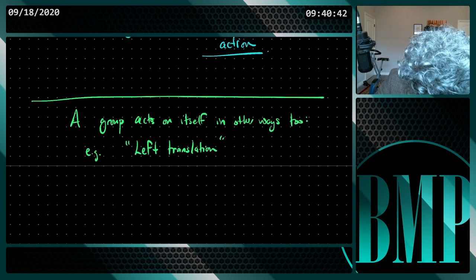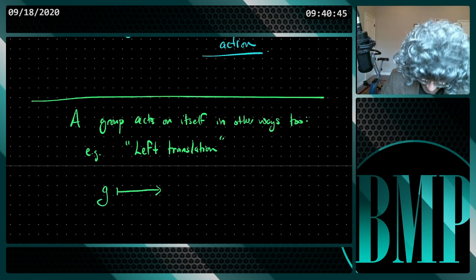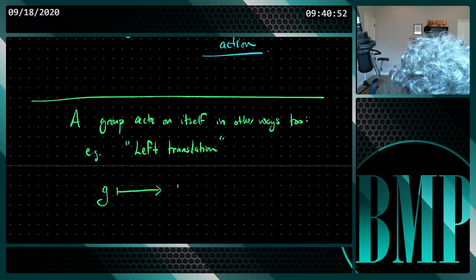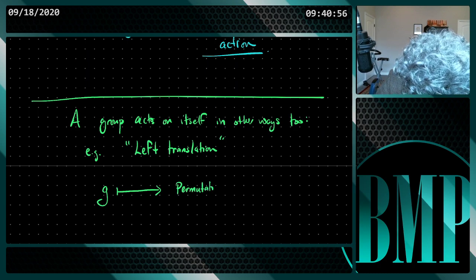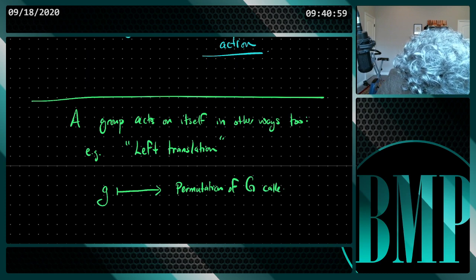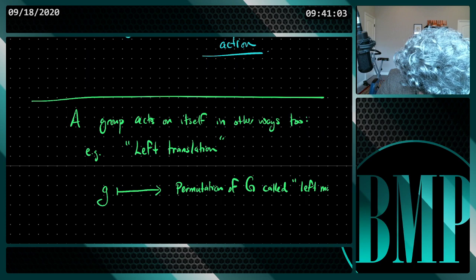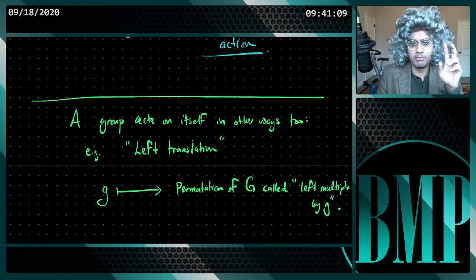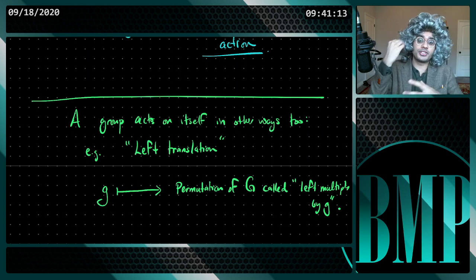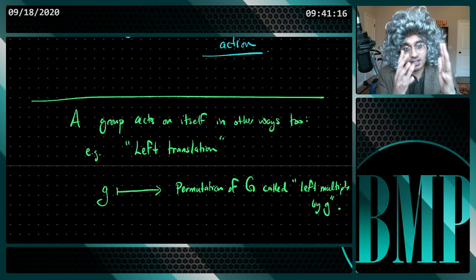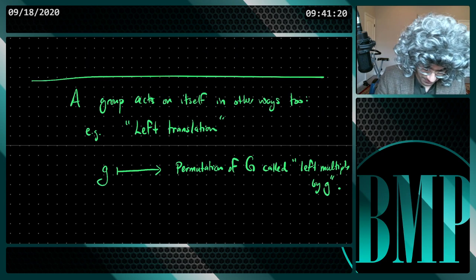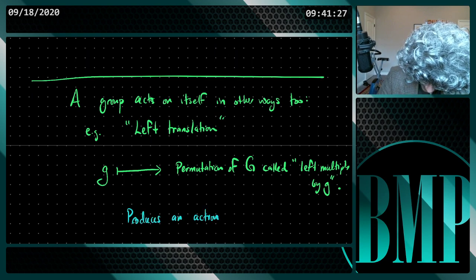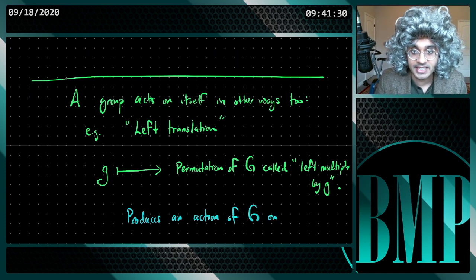Namely, to each element in the group G, assign the scrambling of the group called multiplication on the left by G, a permutation. Multiplication by an element on the left induces a permutation of the group G. Go and check that this is an action. This produces an action of the group G on the set G.